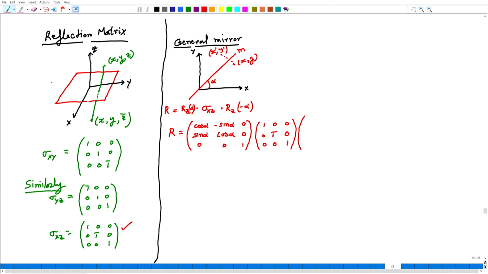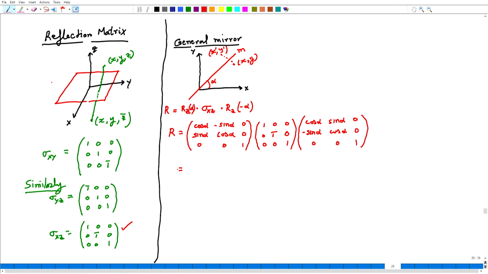For that, go back to the rotation matrix and insert minus alpha there. Some signs will change: cos alpha, sin alpha, 0, minus sin alpha, cos alpha, 0, 0, 0, 1.